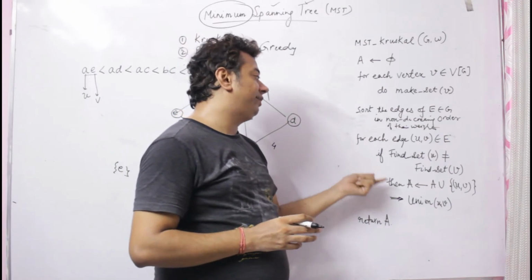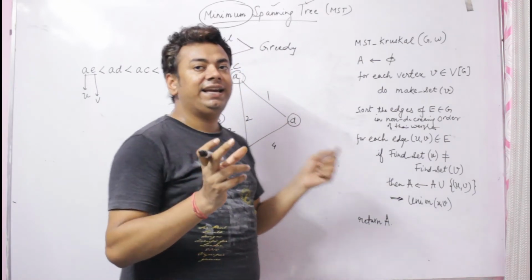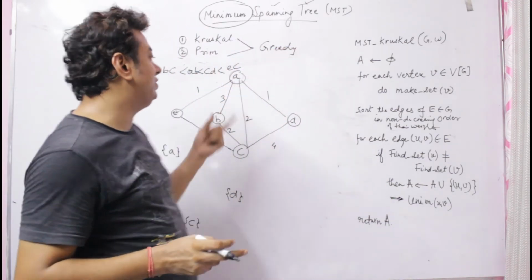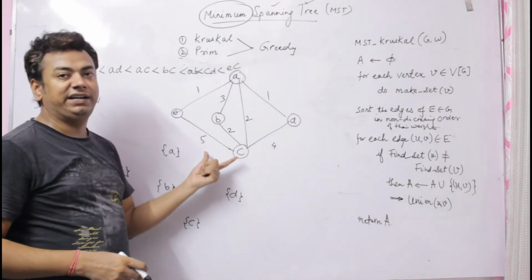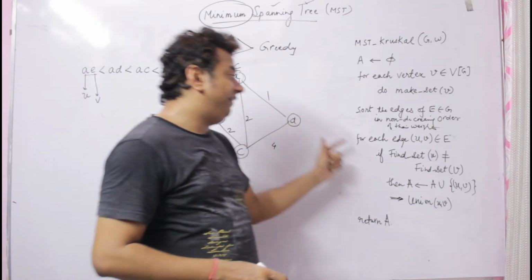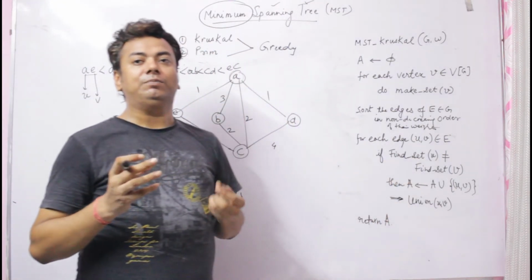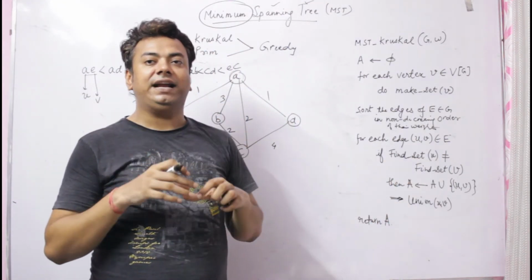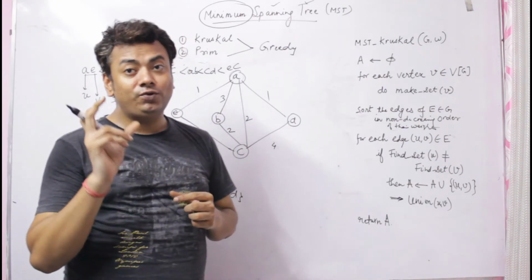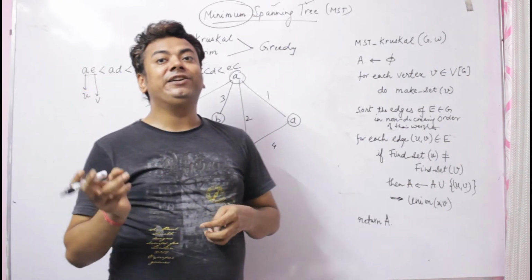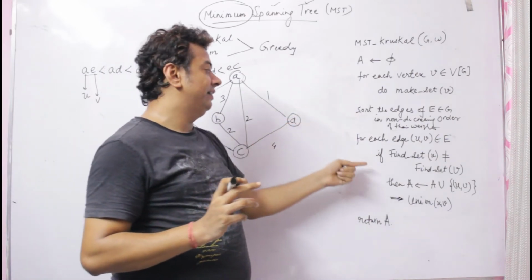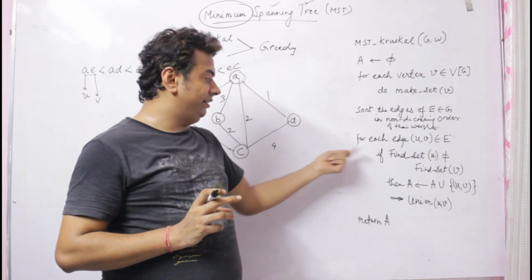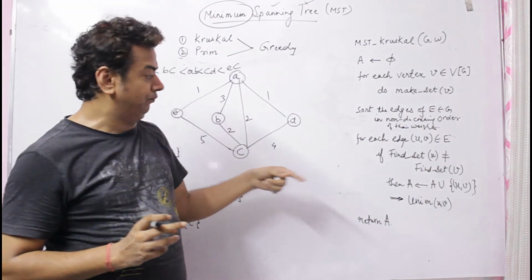Then you include this edge in the set A, which is the tree edges of a spanning tree. And if it is the same, it means both these nodes are in the same set, so this edge is already connected in set A. Then you don't include it, and you come out.